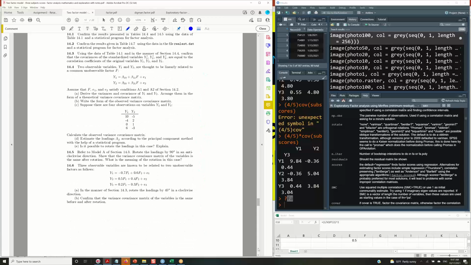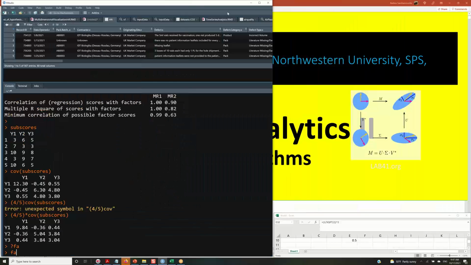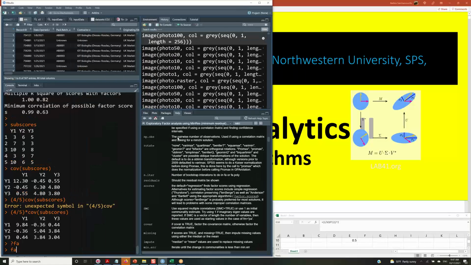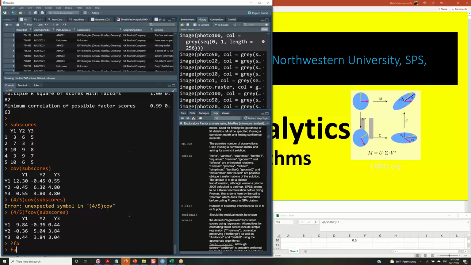So let's do this one here. FA. Yes, I'm going to bring that one here. So it gives you already, right, subscores. And then number of factors, I'm going to say 2.